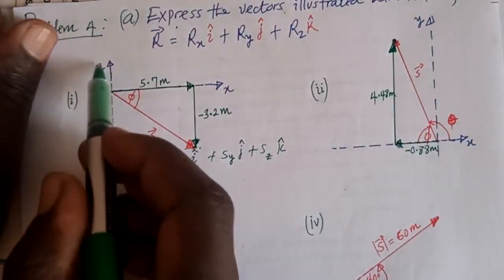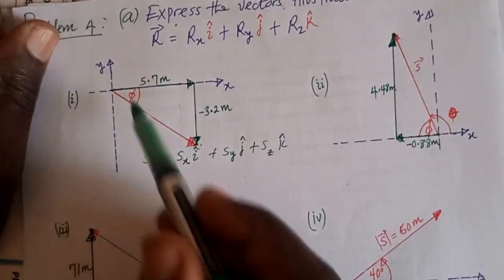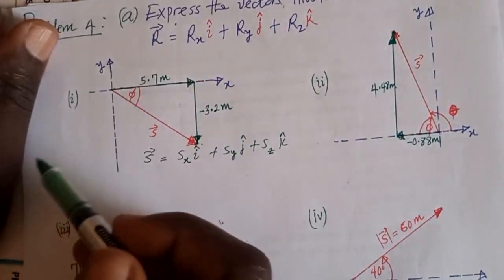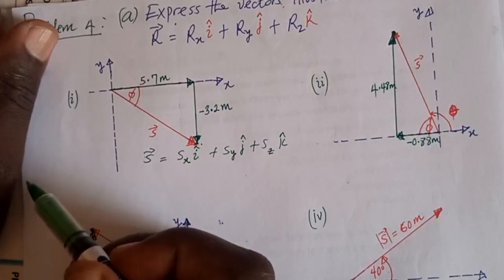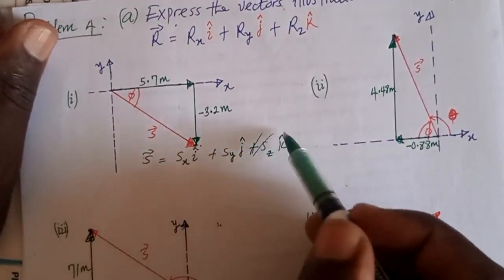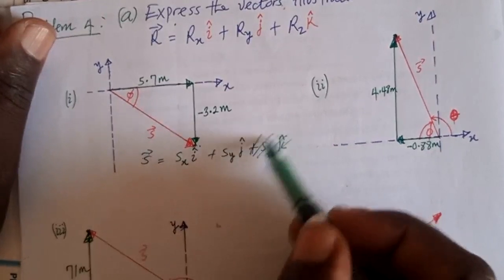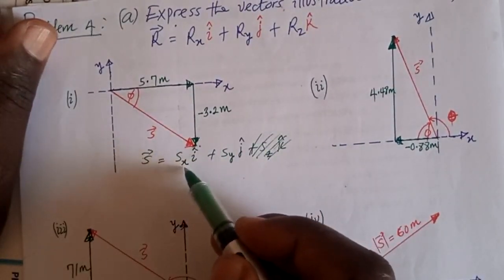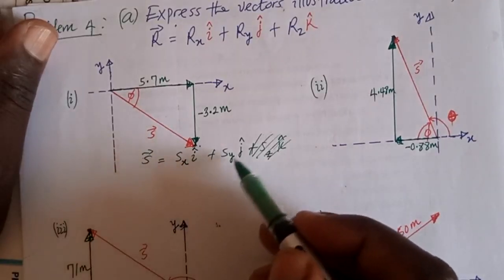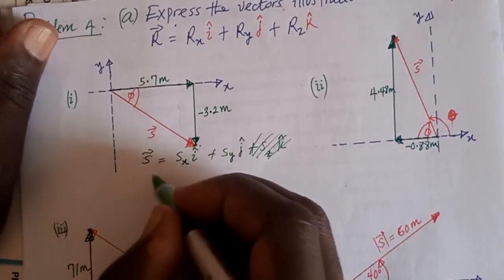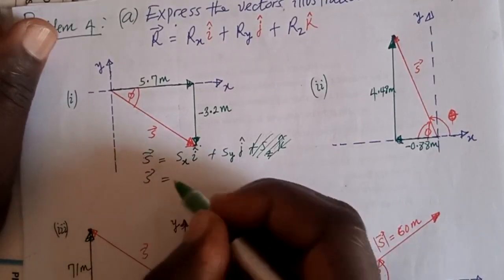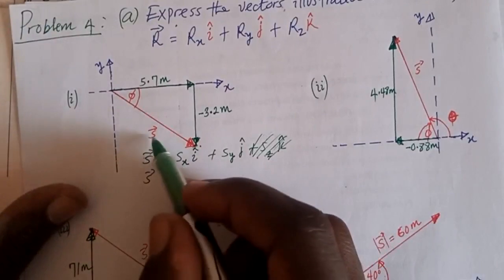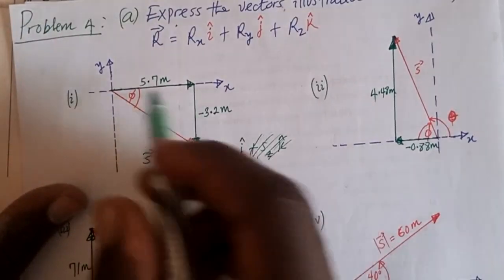But here we have only two dimensions. You only have x and y. There is no z. This is not a space, it's a plane. So I am not going to consider this one. I am going to ignore it and I will have only s sub x i cap and s sub y j cap. Now I will look at the effective value of the s vector along the x-axis.